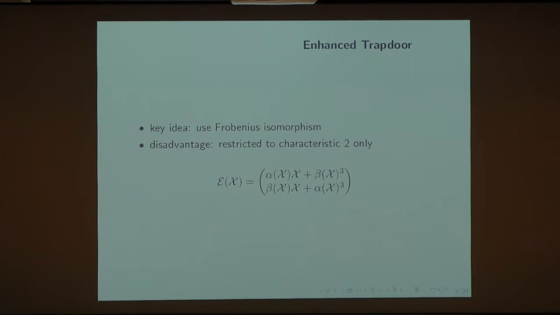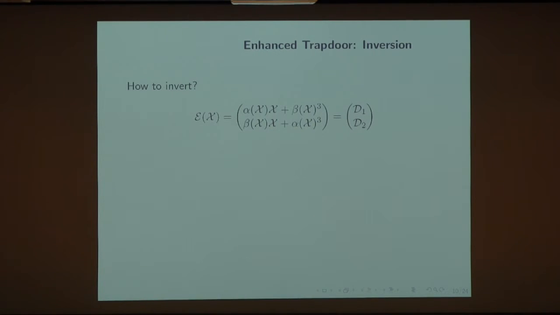So inversion happens the exact same way. We multiply the first equation times beta, the second equation times alpha, and because this power 3 becomes power 4, and 4 is a Frobenius power in the characteristic 2, the expression is linear, right?